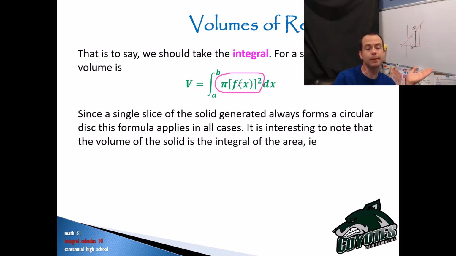Just like with Riemann sum, a single slice of that just formed a line, and then we integrated it and got the area of the rectangle. Now a single slice forms a circle and we integrate it and get the volume of the cylinder, okay? All right.